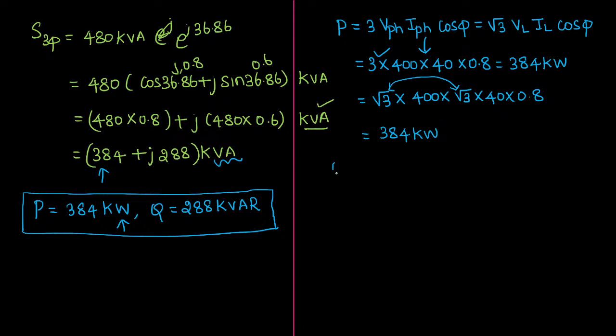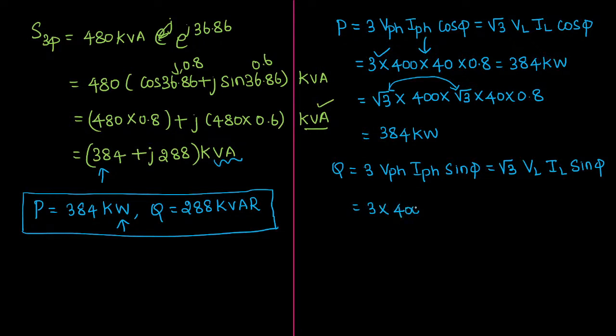Similarly, you can also estimate the value of reactive power with the direct formula: 3 times of per phase voltage into per phase current into sine of power factor angle. Or you can estimate the same value in terms of root 3 times of line voltage into line current into sine of power factor angle. So now if you observe, the same formula will become 3 times of per phase voltage, and line voltage and phase voltage are both the same in a delta connected system.